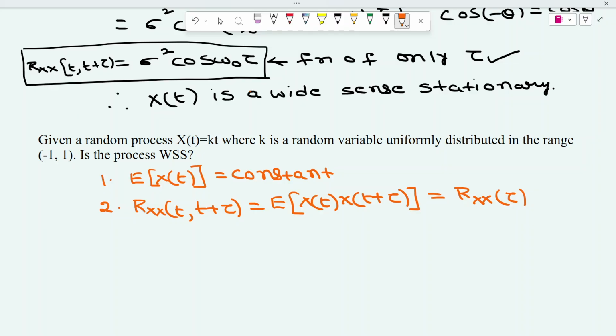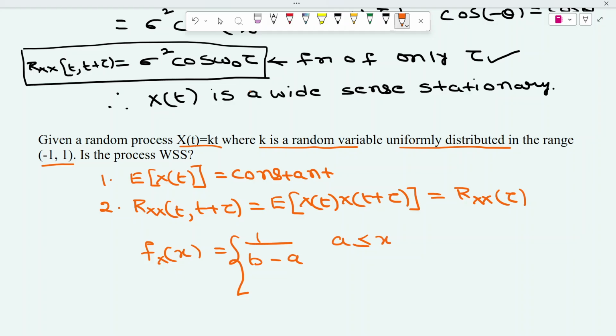Here in the problem statement it was given x of t is equal to kt. Here k is the random variable which is uniformly distributed in the range -1 to 1. We know the density function of a uniformly distributed random variable is 1 by b minus a for a less than or equal to x less than or equal to b, 0 otherwise.